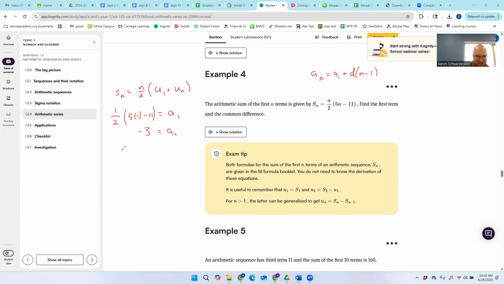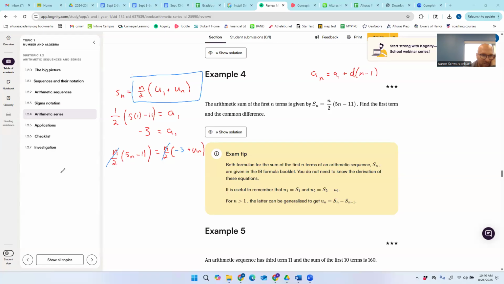The sum of the first n terms. So now I've got n over 2, 5n minus 11 equals, if I use my -3 in this formula right here for u sub 1, I'm going to do a little bit of simplifying there.